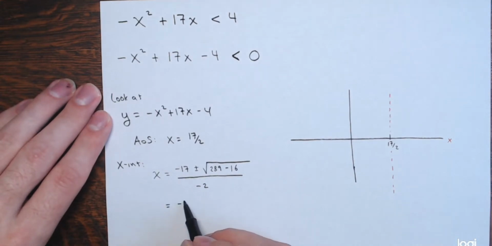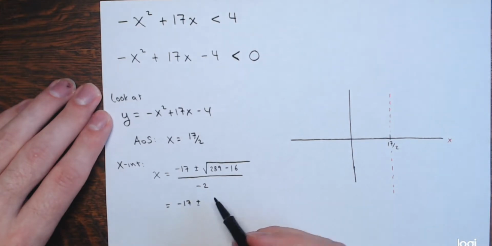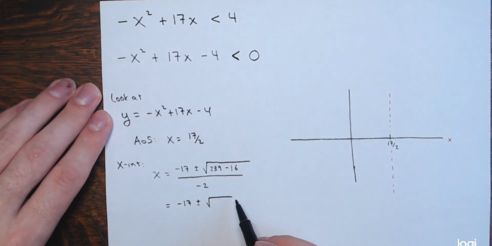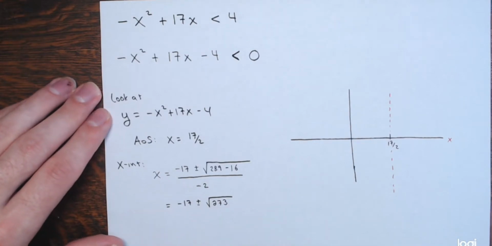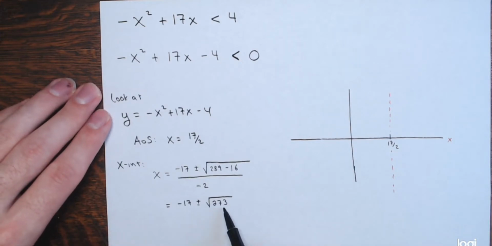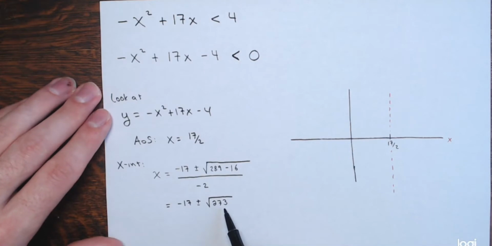So -17 plus or minus the square root of, let's see, 289 minus 16 is 273. And this is 3 times 91, right, 273.